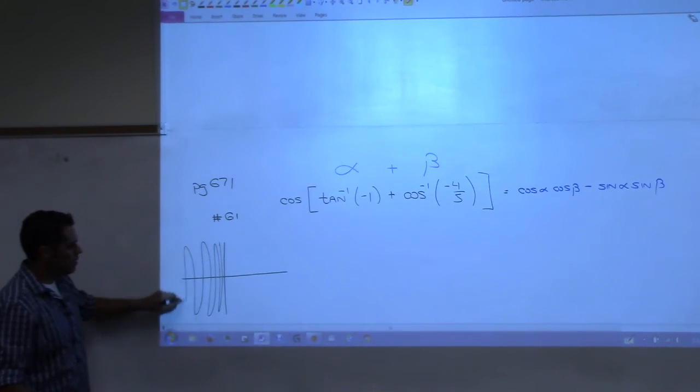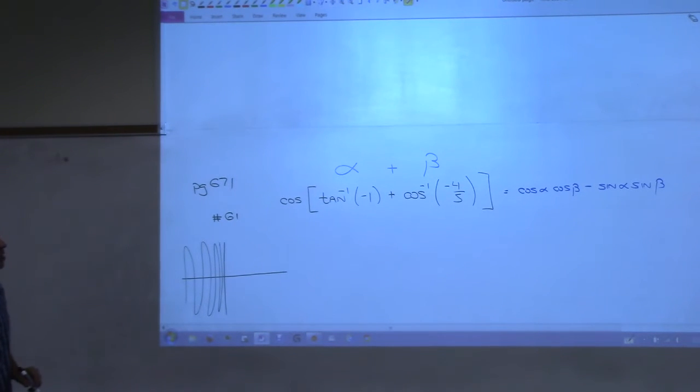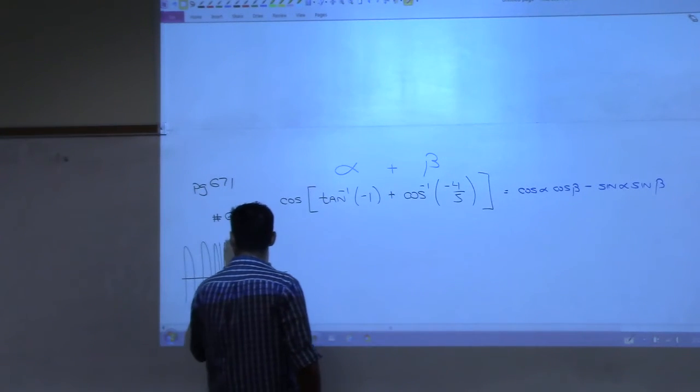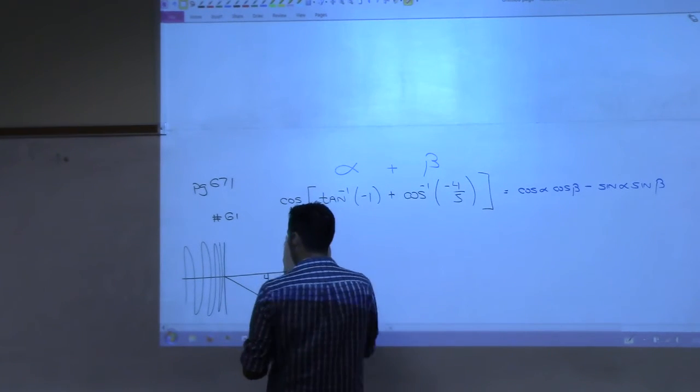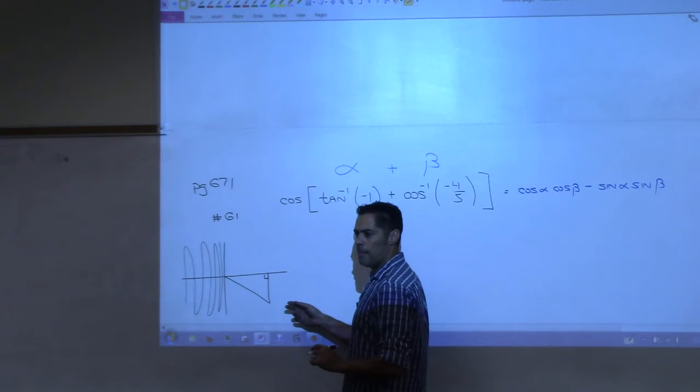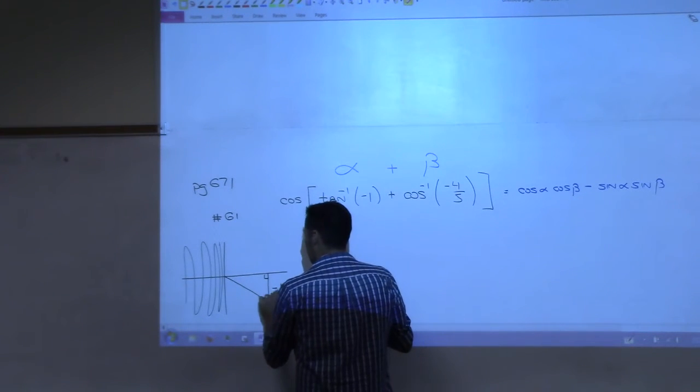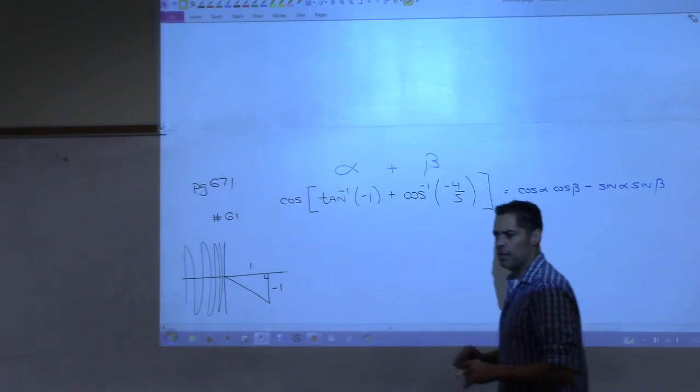You're drawing a triangle where the ratio of the y and the x is negative 1. So you went down into this quadrant, and assigned values for these two sides: negative 1 for the y and positive 1 for the x. That's great. It works.